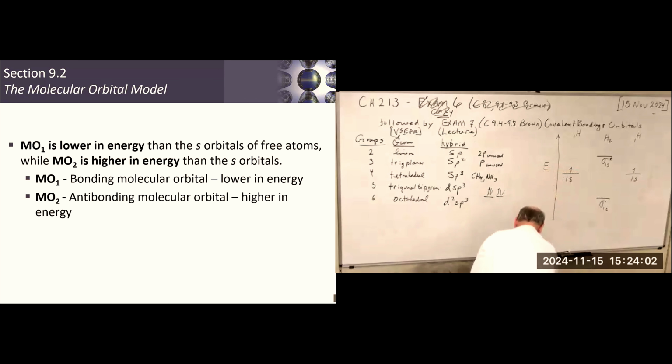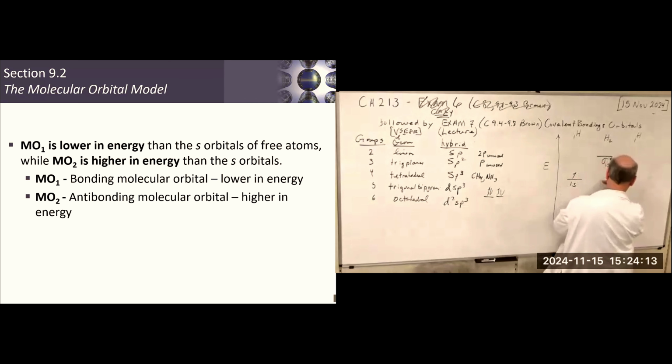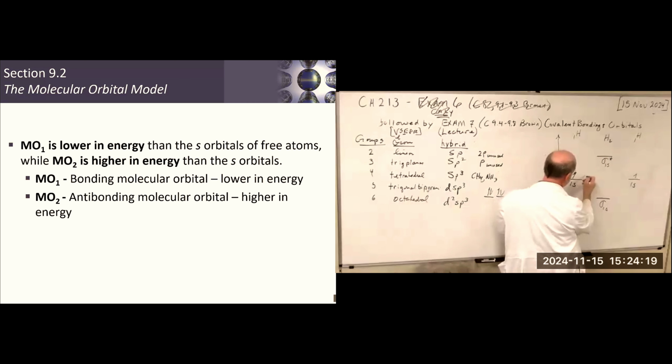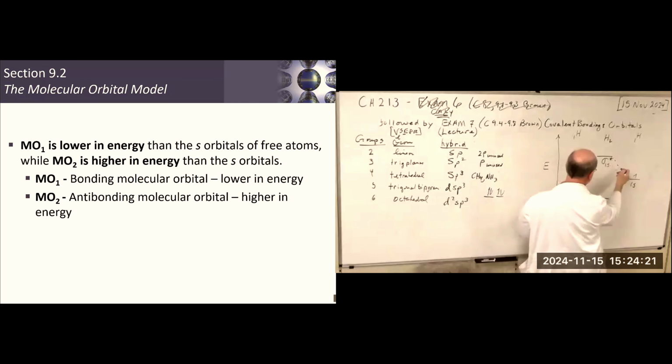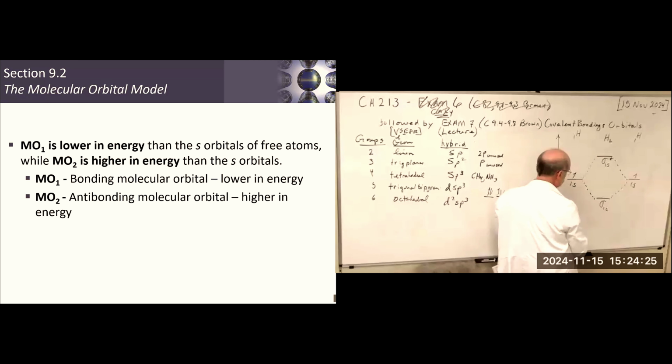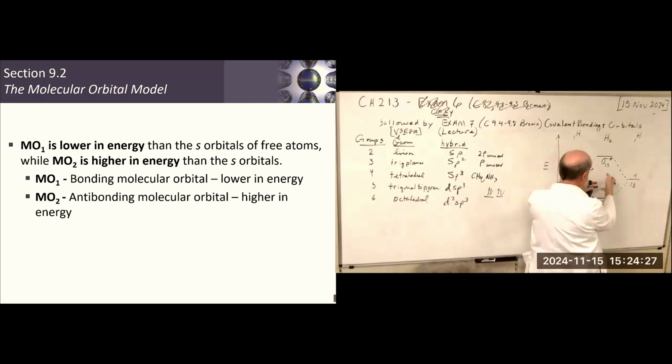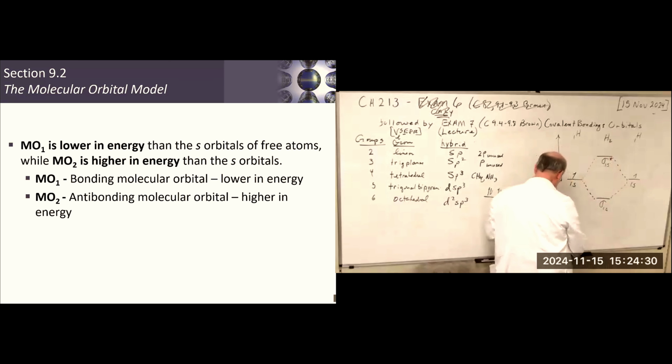Let me make it look better. Halfway in between. So sometimes we draw tie lines to show where they came from. Now, these disappear and these are left behind when we form the molecule.